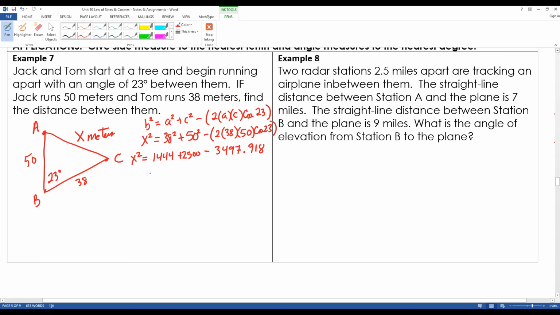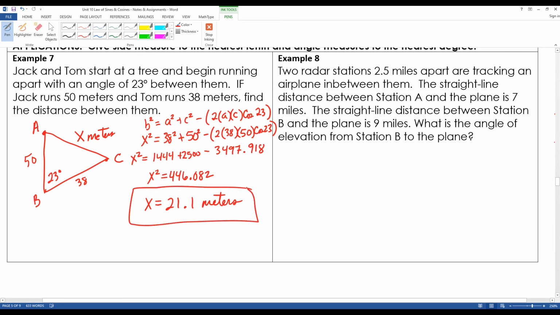All right, so I get x squared equals 446.082. Just keep that on there and square root it, and we're going to get 21.1. So x is going to equal 21.1 meters.